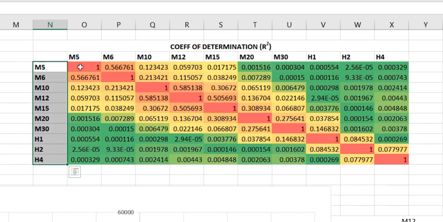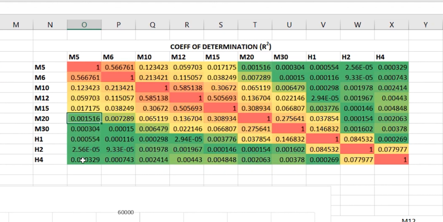So clearly the correlation between M5 and M5 is going to be 1, showing it's a perfect correlation, but then the values below that will show how correlated this is to other time frames. So as you can see, the highest correlation is with the M6 chart, which you would expect because they're so close together. The correlation then begins to fall away until eventually the correlation with the higher time frames is actually very low.